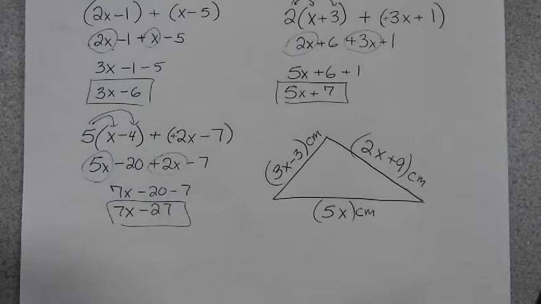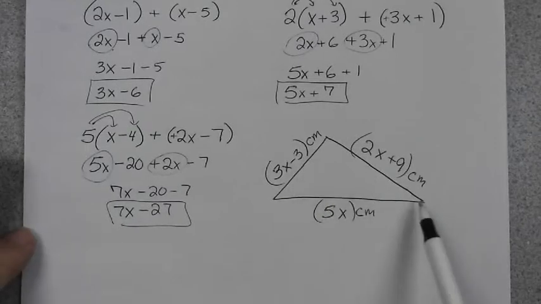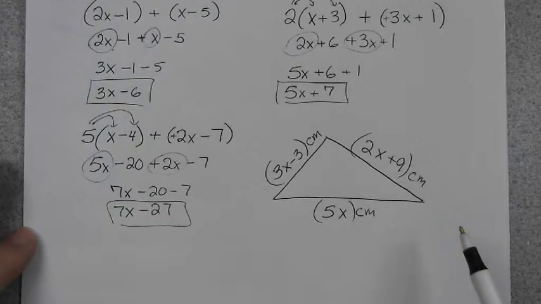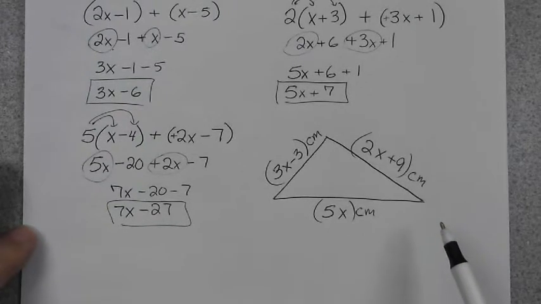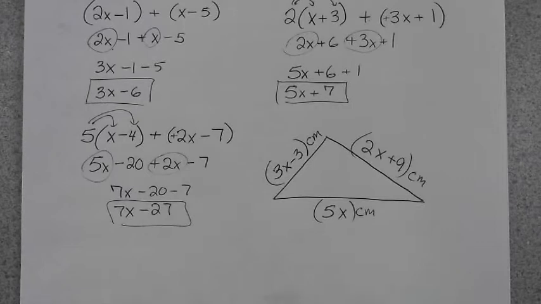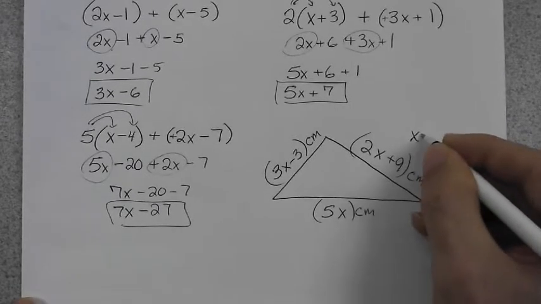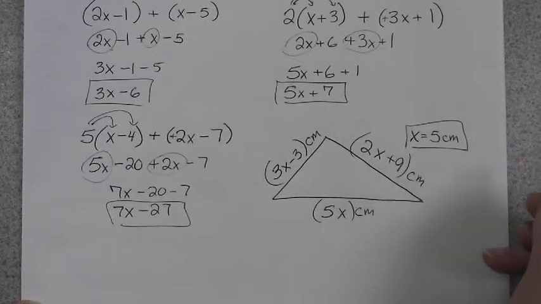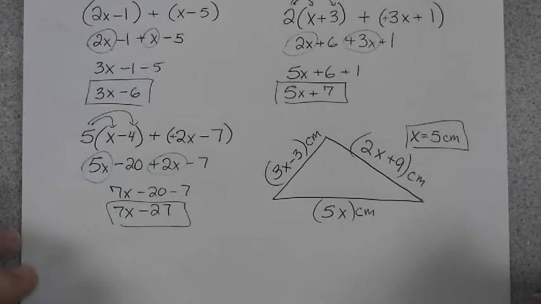It looks complicated. It's really not. They wanted you to figure out what the perimeter is of this triangle. They tell you that the value of x is 5 centimeters.